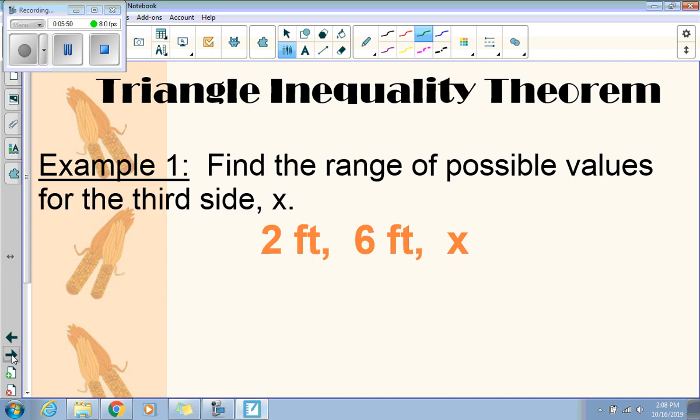Okay, so to find the range of this third side, we're going to take the two values that are given to us. We're going to subtract them. And x goes in the middle. And we're going to add them.